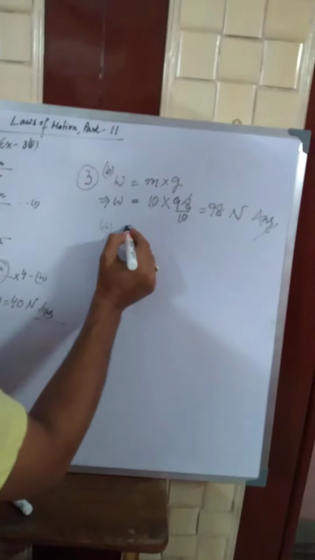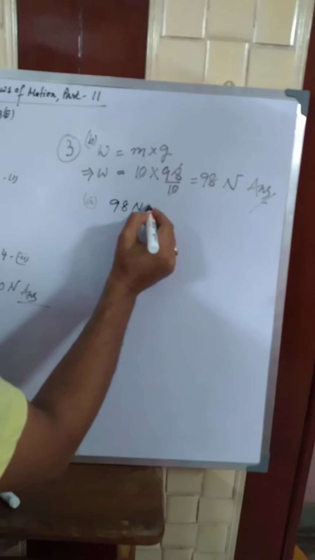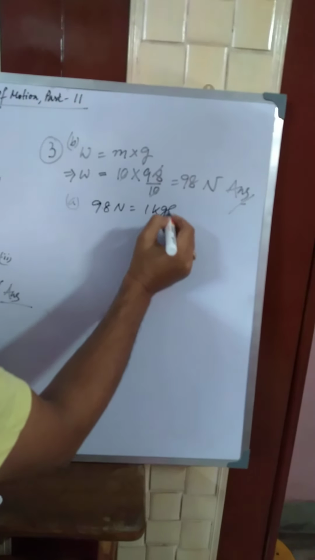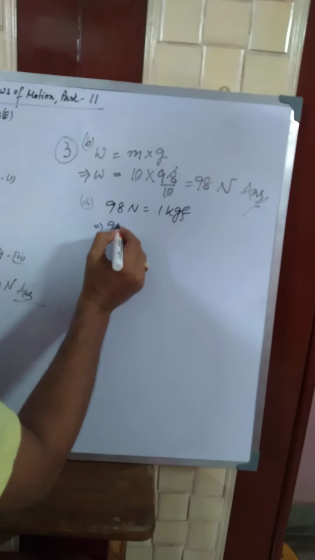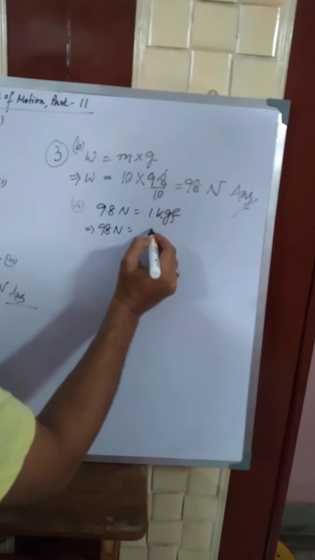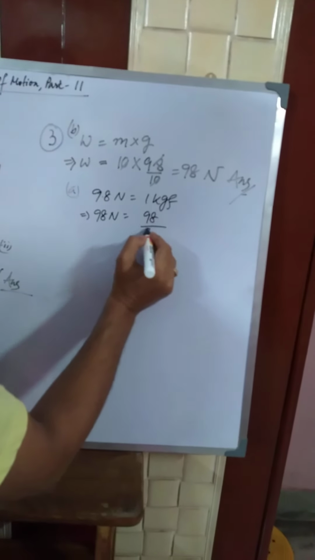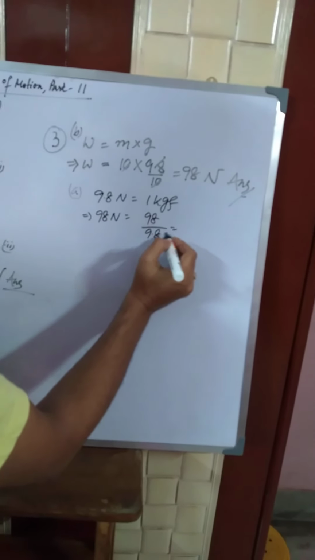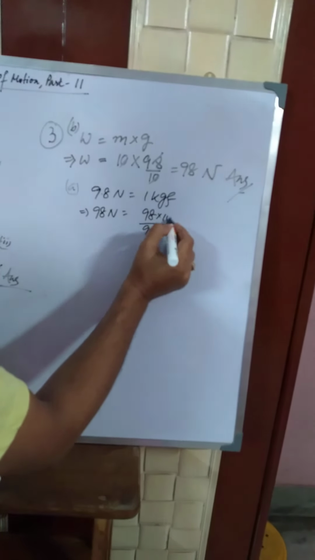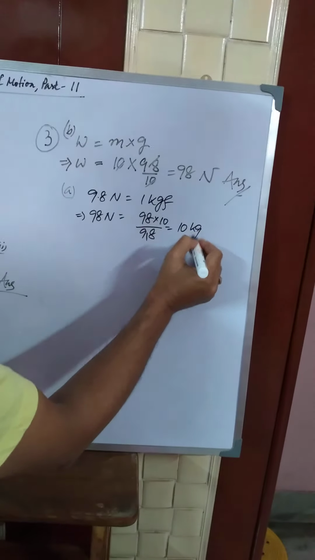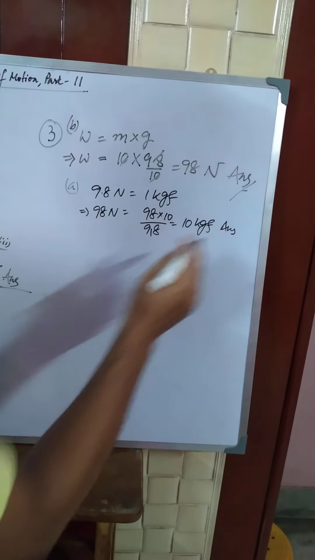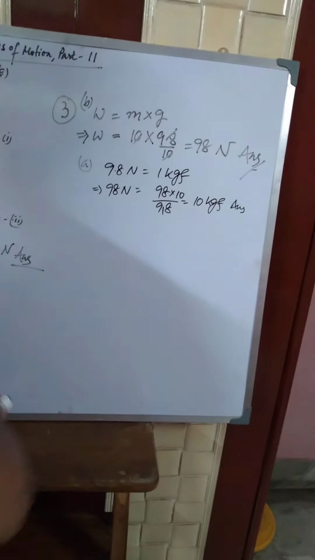So 98 Newton is equal to 98 by 9.8, and if you remove the bracket, it gives 10 kgf. This is the answer of the second part. kgf is the gravitational unit of force.